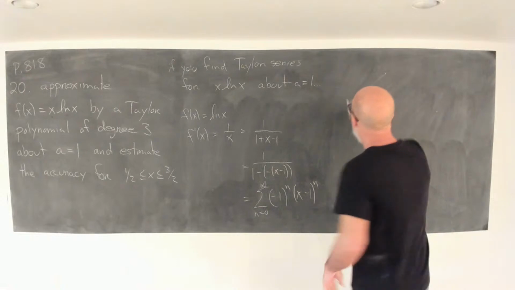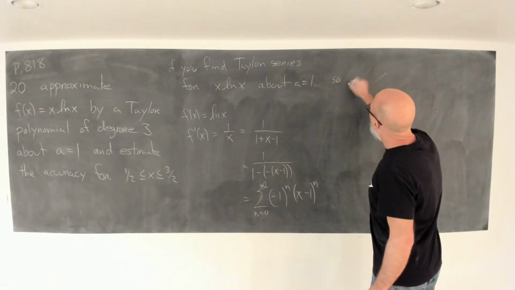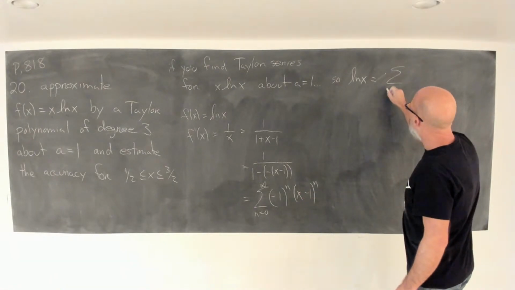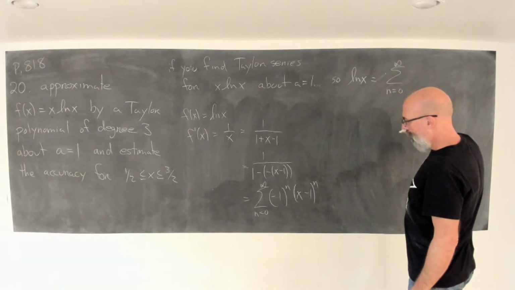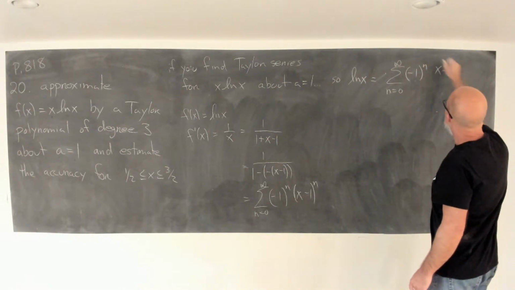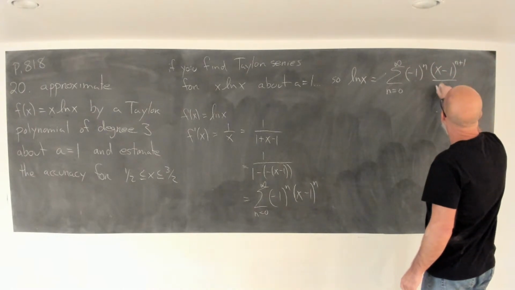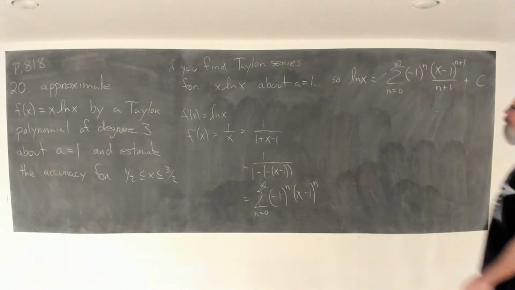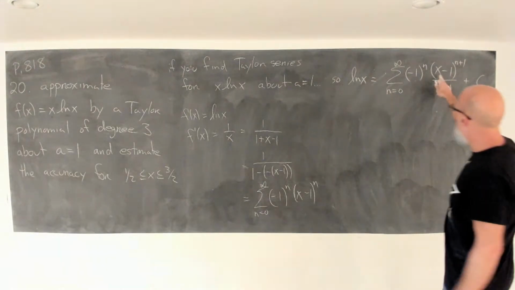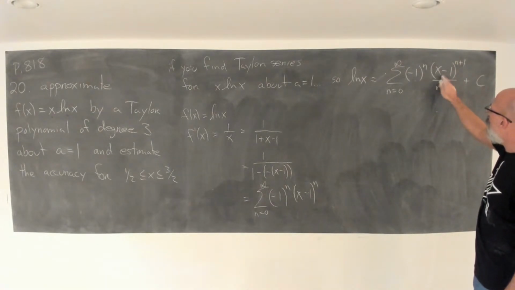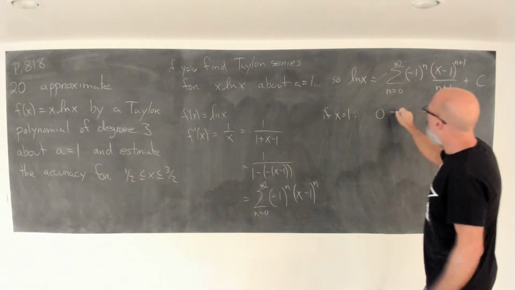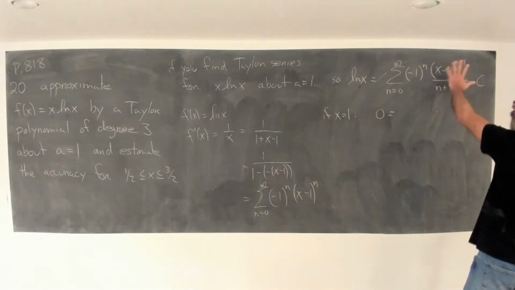And so ln x itself is going to be the antiderivative of this, which is -1 to the n, x minus 1 to the n plus 1 over n plus 1 plus an arbitrary constant. And when you plug in x equals 1, which is obviously in the interval of convergence, you get 0 for that, 0 for this.